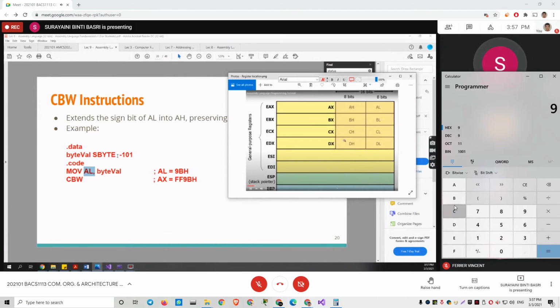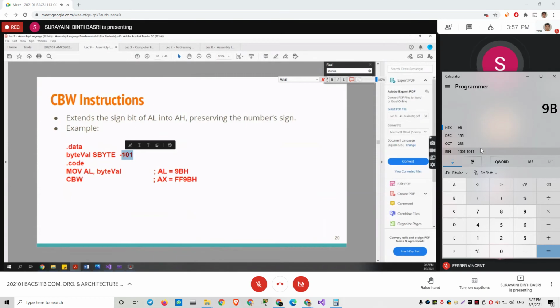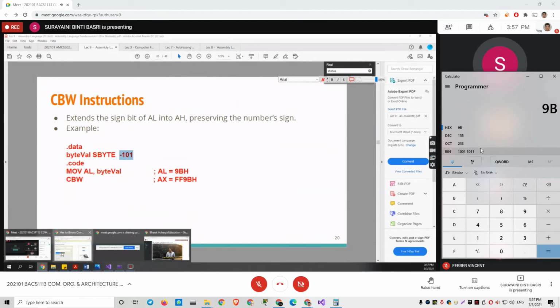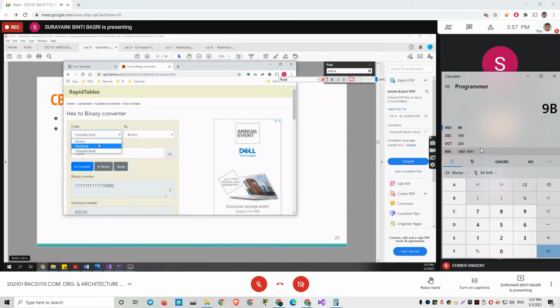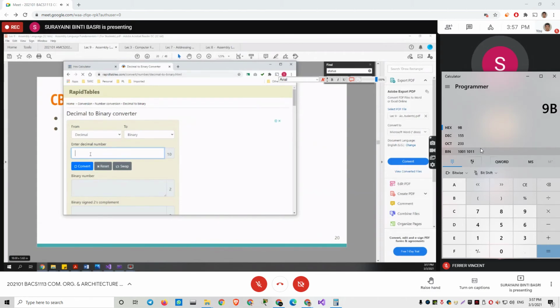Because this is negative, your value in the AH should be all, if you remember, if we convert this decimal into binary, it can become this one.